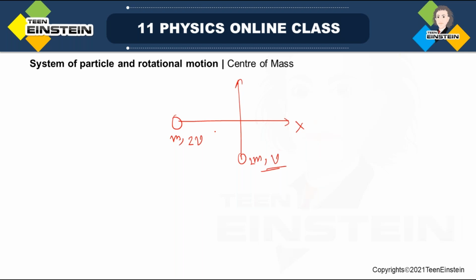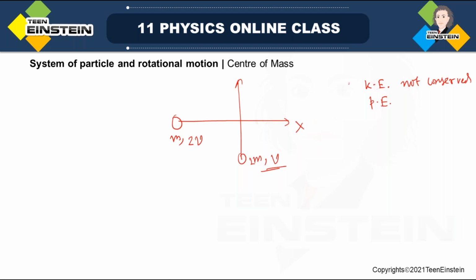In this case, inelastic collision means kinetic energy is not conserved.